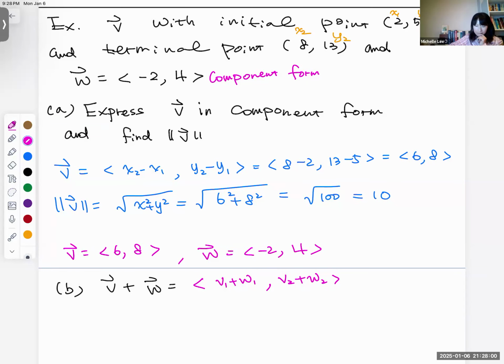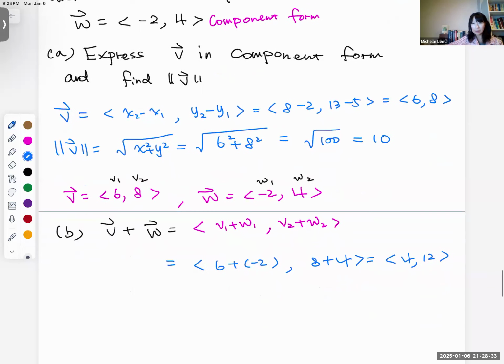So that will be v sub 1, v sub 2, and this is w sub 1, w sub 2. Then that will be 6 plus negative 2 and 8 plus 4, right? So we have 4 and 12.